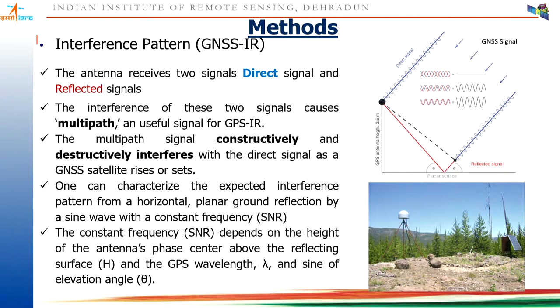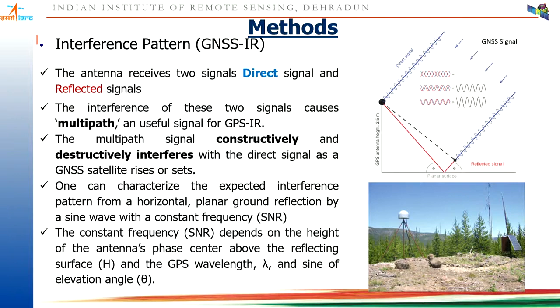When we receive both types of signals, the challenge before us is that we need to segregate these signals and find out the reflected signals only, because only the reflected signal carries the information of the ground.